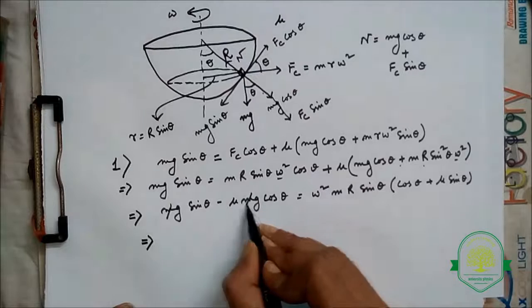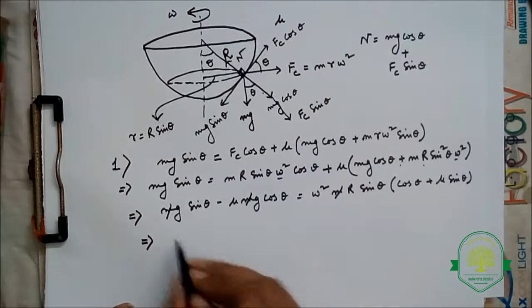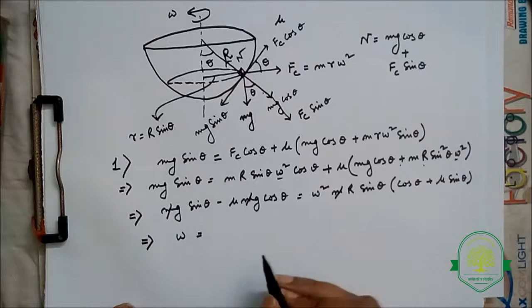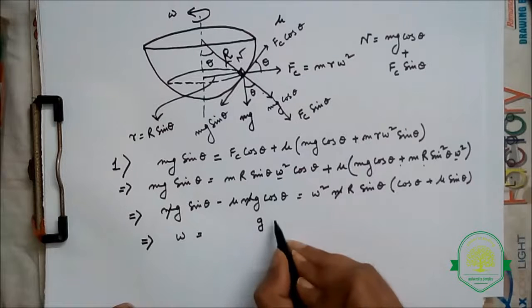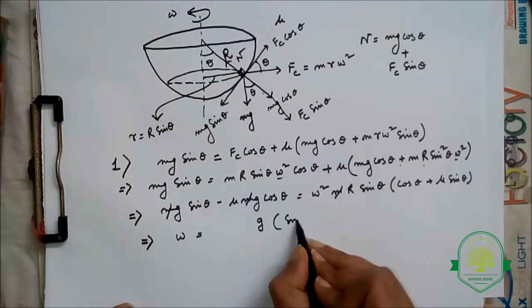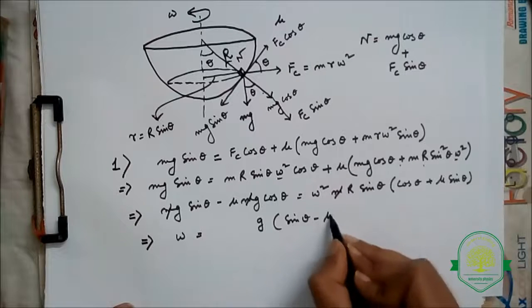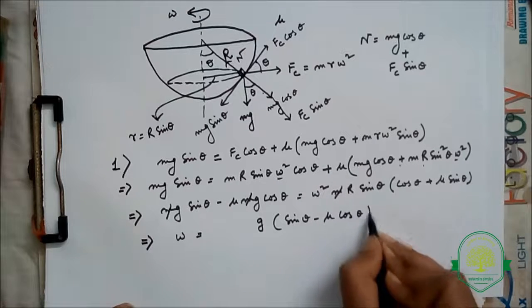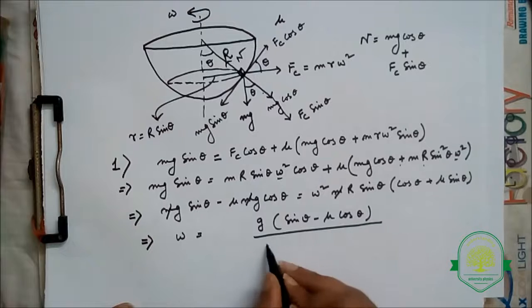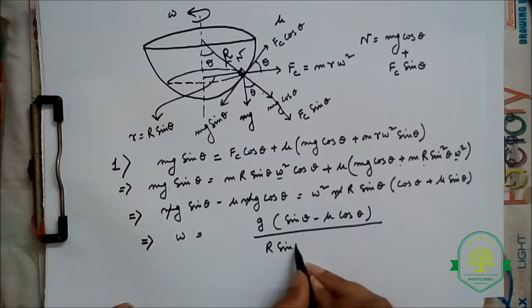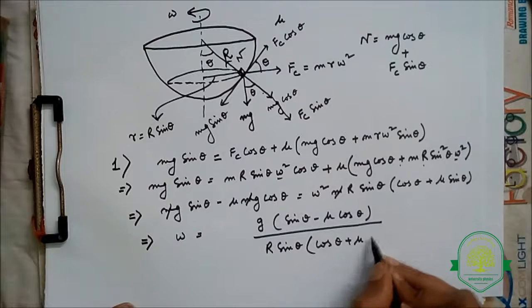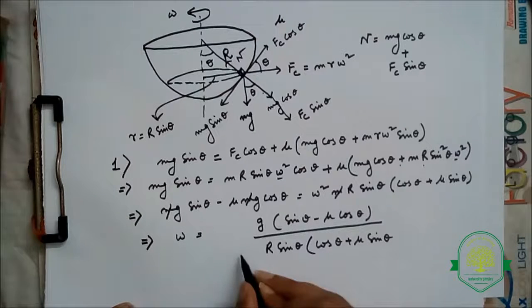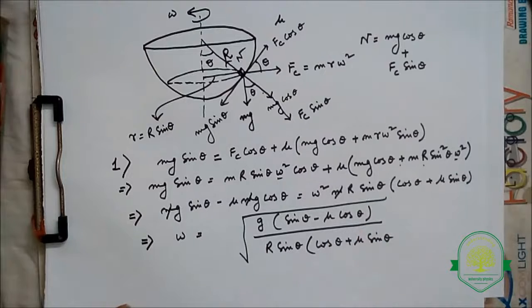The m's will cancel out from both sides, and if I jump ahead, I can say that omega is the root of g times sine theta minus mu cos theta, divided by r sine theta times cos theta plus mu sine theta.